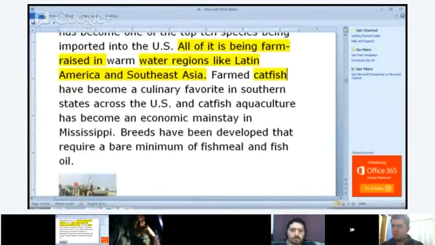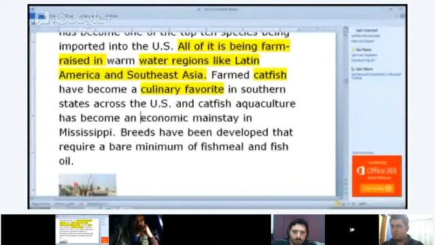So it's part of the culture of the southern United States, so it's become a culinary favorite. Culinary has to do with cooking. So it's an economic mainstay, which means it's a very important part of the economy in Mississippi, the southern United States.